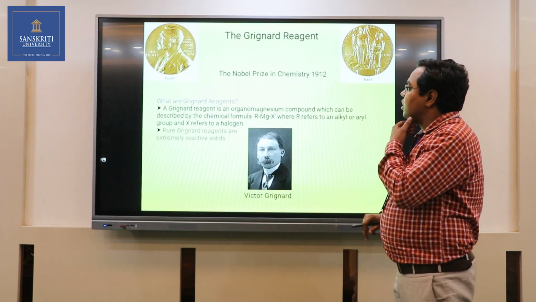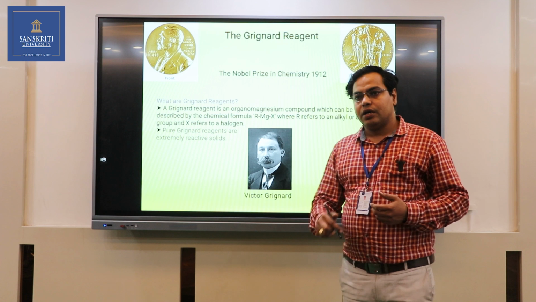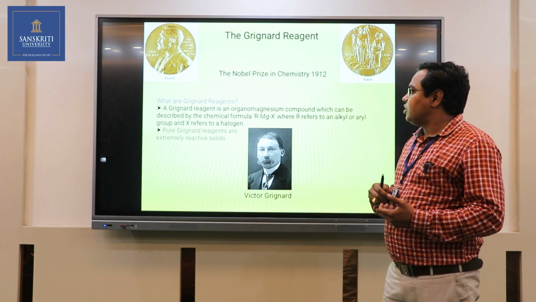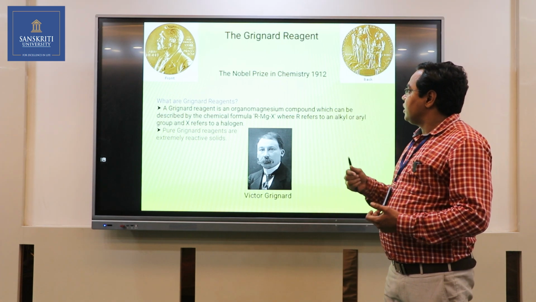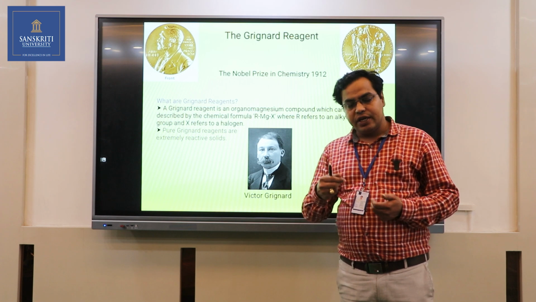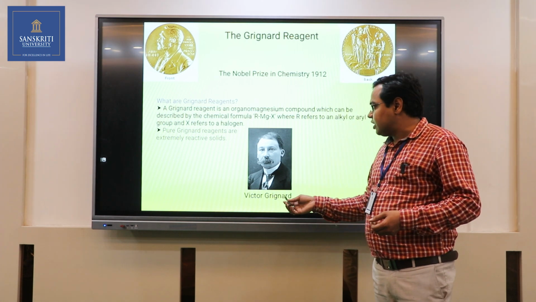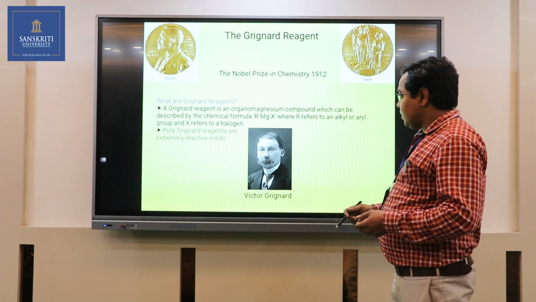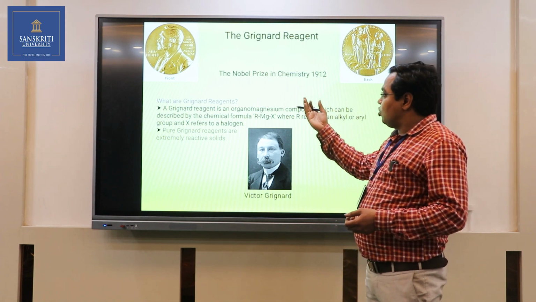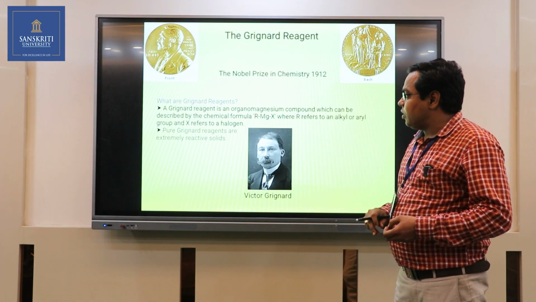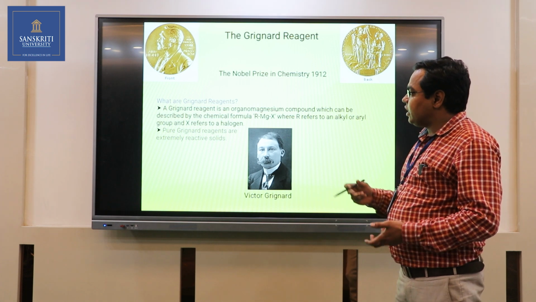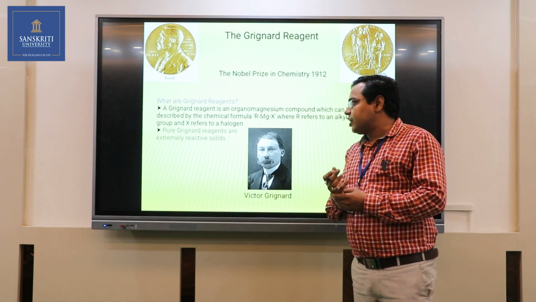Next, we will discuss the organomagnesium compound called a Grignard reagent. The Grignard reagent was discovered by the great scientist Victor Grignard, who won the Nobel Prize in 1912. So, firstly, the question arises: what is a Grignard reagent?